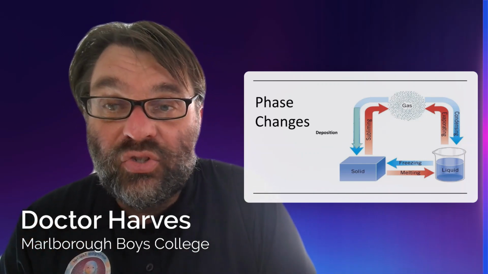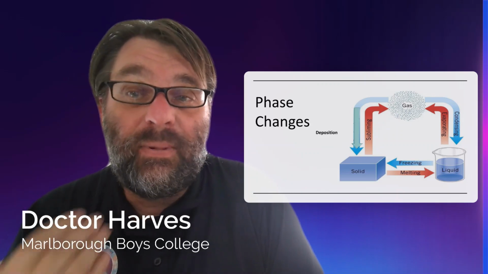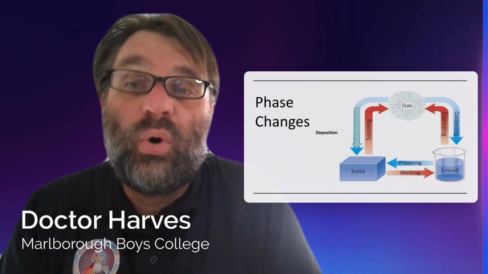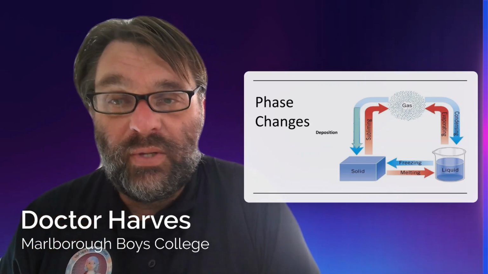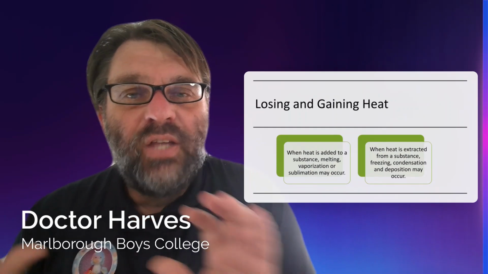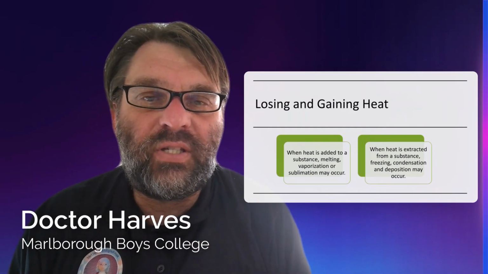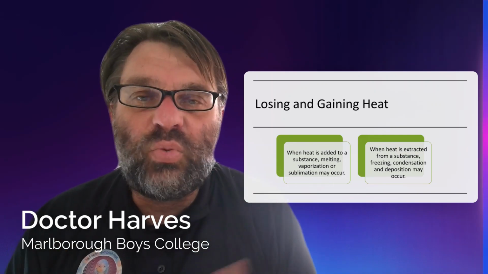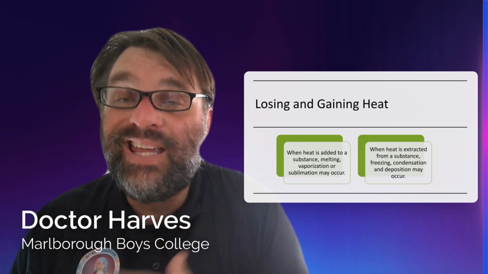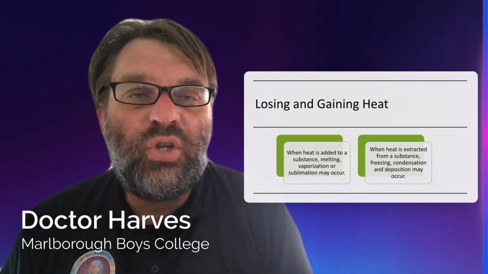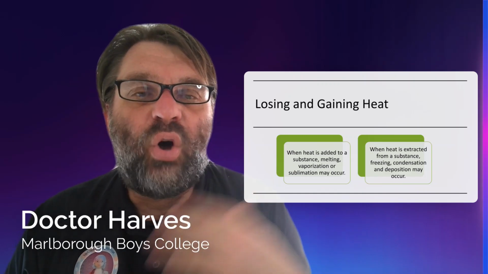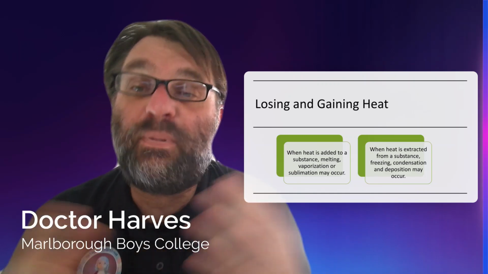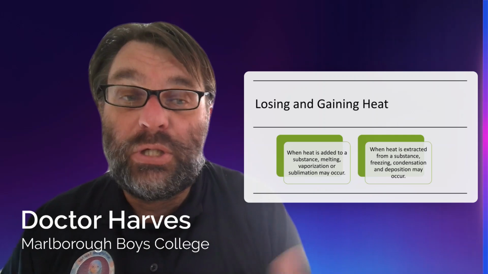And this all requires energy changes, either heat energy being put in, or heat energy being removed from the substance. So when heat is added to a substance, this is what occurs: melting, vaporization or sublimation. And when you take heat out of the substance, then you are freezing, condensing, or depositing the substance.